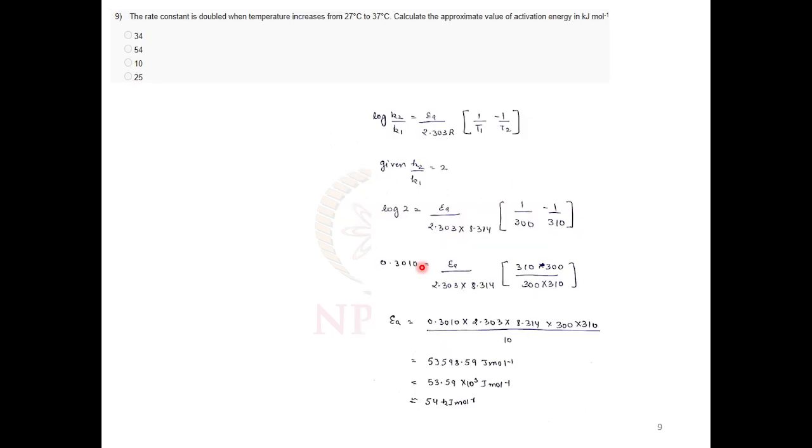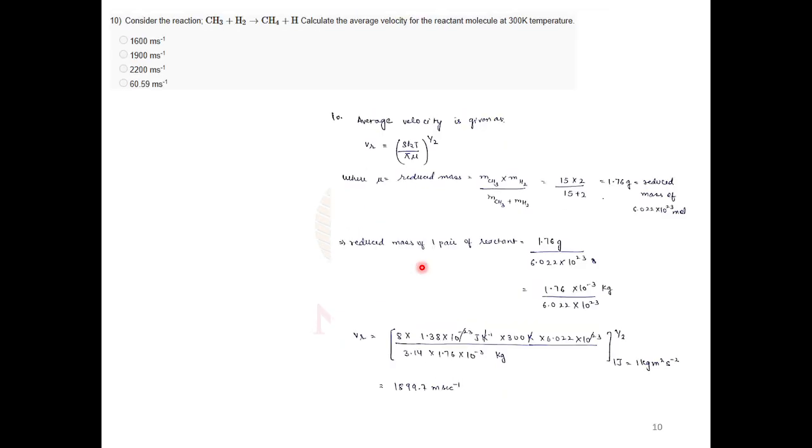And here you need to find out the activation energy value, that is 54 kilojoule per mole. And here you need to find out the reduced mass, followed by the average velocity of the overall system.